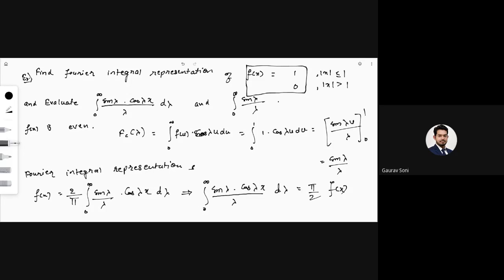Now my question is, if I want to get the second expression from the first one, what is the value of x that you should put?